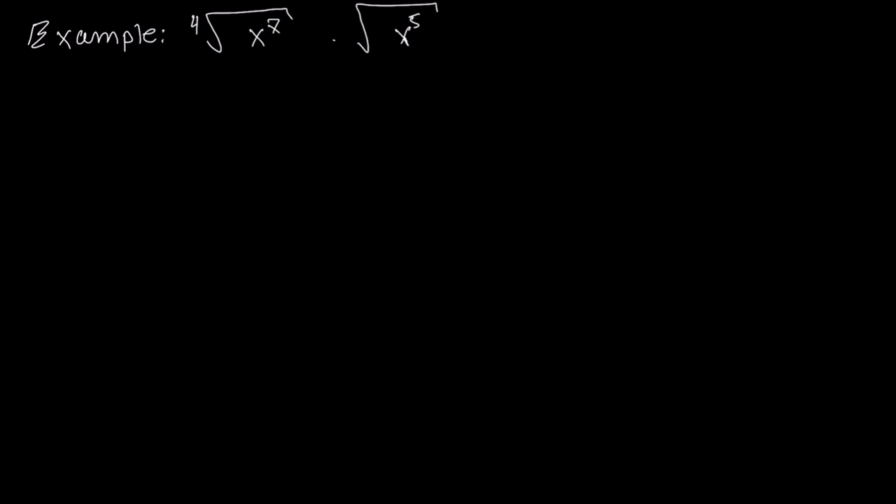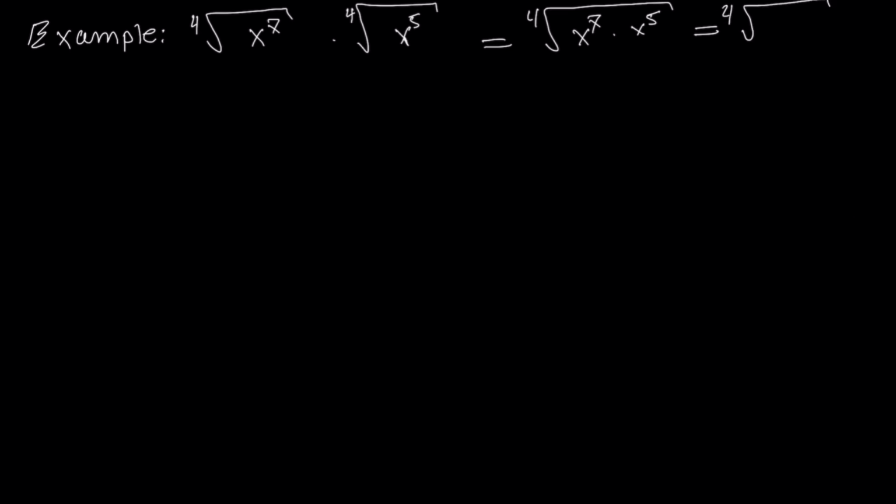Okay, so this example says fourth root of x to the power 7 times fourth root of x to the power 5. So we have the same root degree. What we will do, we will take the same degree, and multiply under the same degree. So x to the 7 times x to the 5. And we remember a rule for the exponent. If the bases are the same, we will add the exponents.